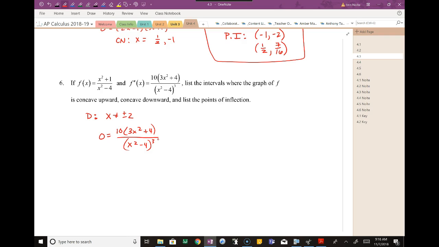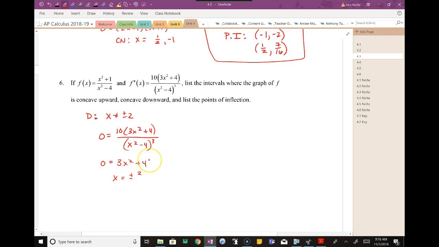If I set the top equal to 0, what do I get? The 10 goes away. We get plus or minus the square root of 4/3. Isn't that 2 over the square root of 3?